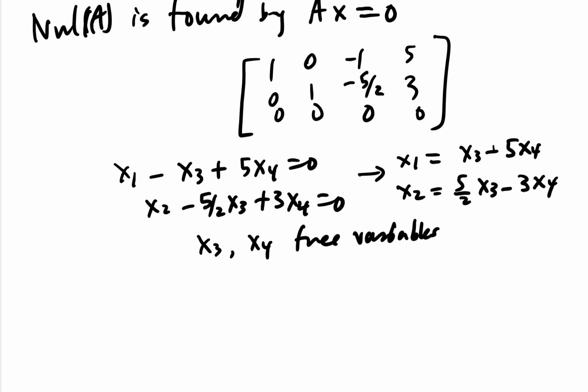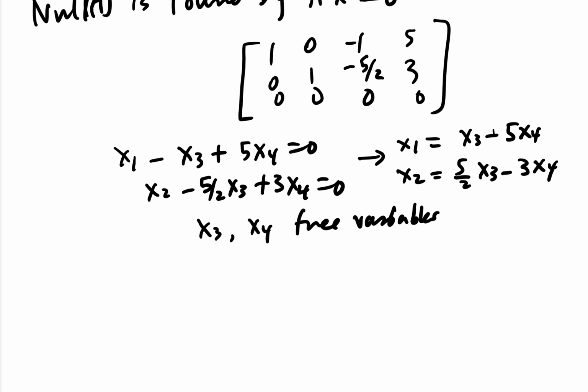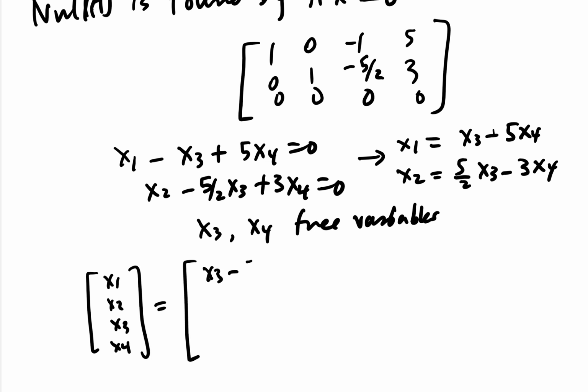We need the parametric form of that, so you can say (x1, x2, x3, x4) equals (x3 - 5x4, 5/2 x3 - 3x4, x3, x4).